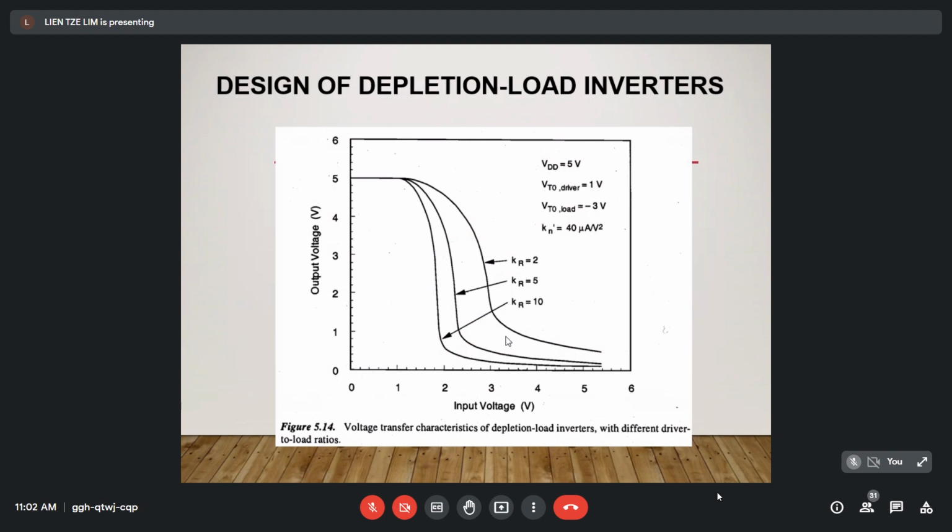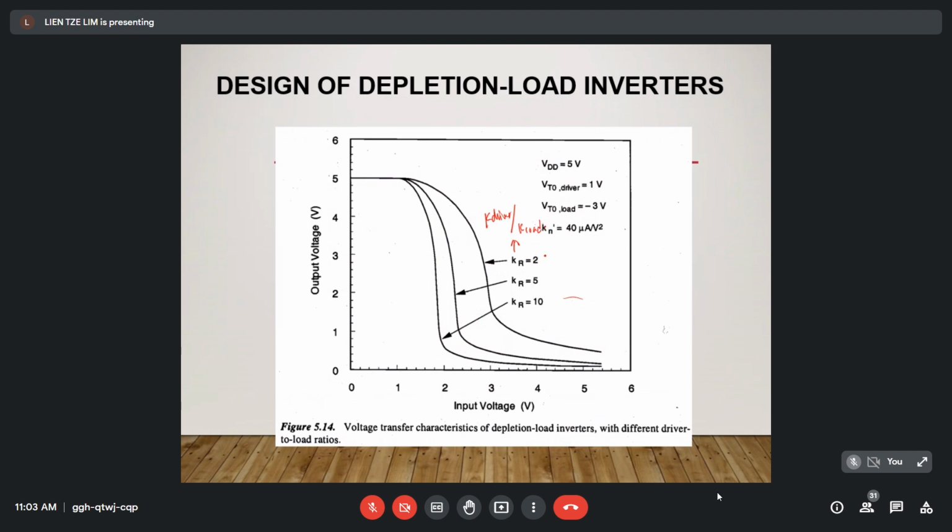This one is the VTC of the depletion load inverter. You see that there are three shapes. These three shapes are simulated based on different driver to load ratios, K driver over K load.